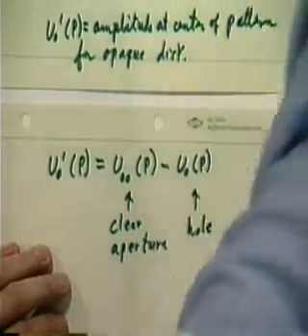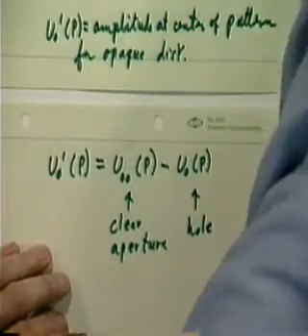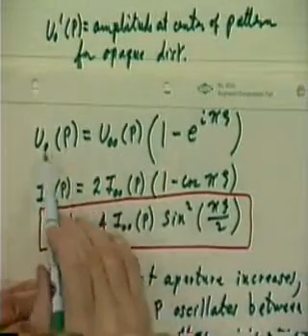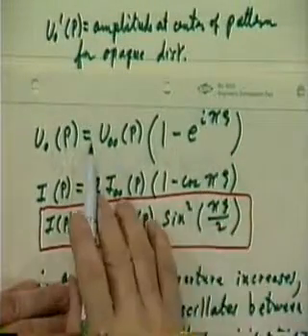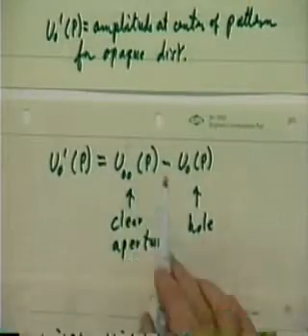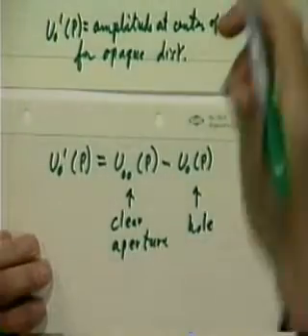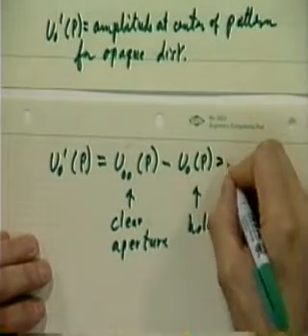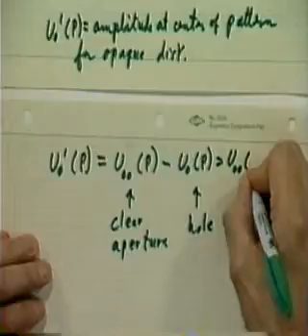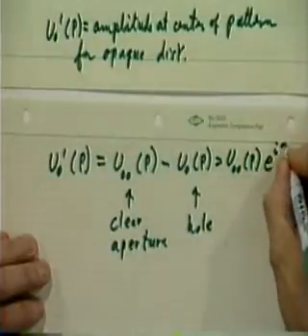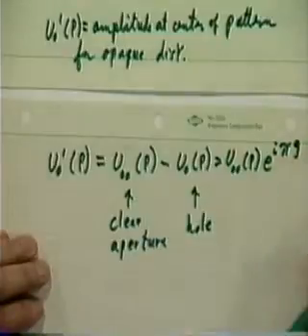And someplace back here, I don't know if I can find it right this second, here's what we had with the circular aperture. So I'm going to take U00P and subtract this from it. And what do we get? We get U00P times e to the i pi squiggle.